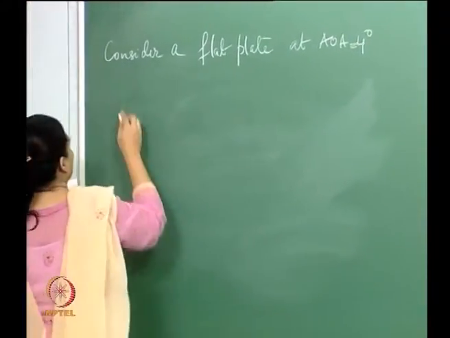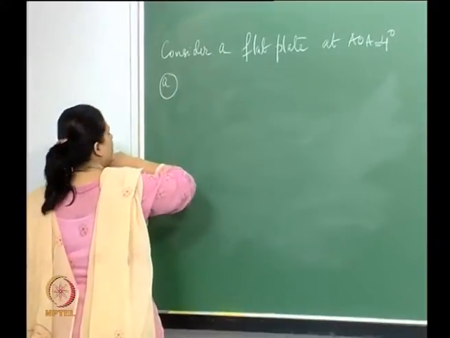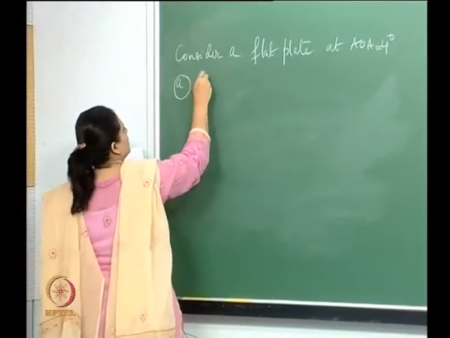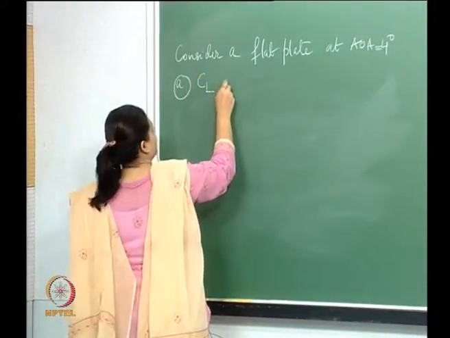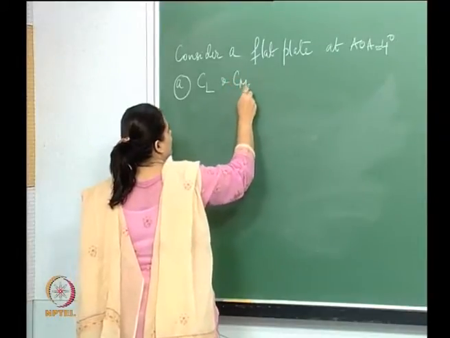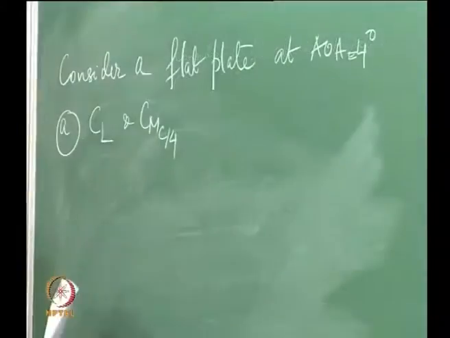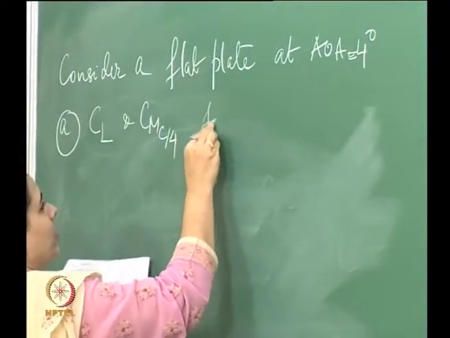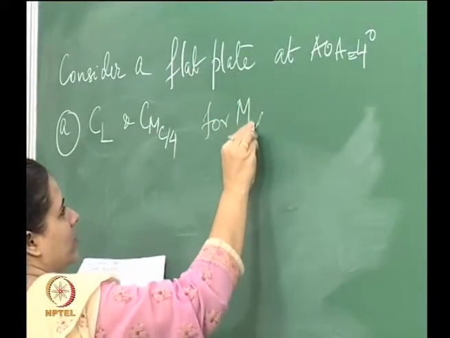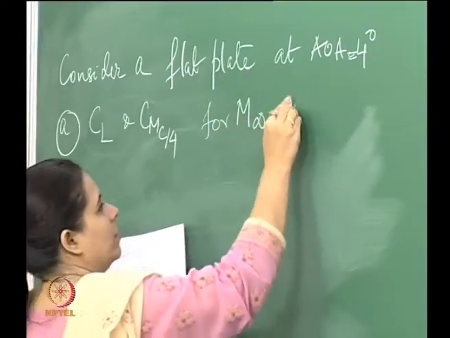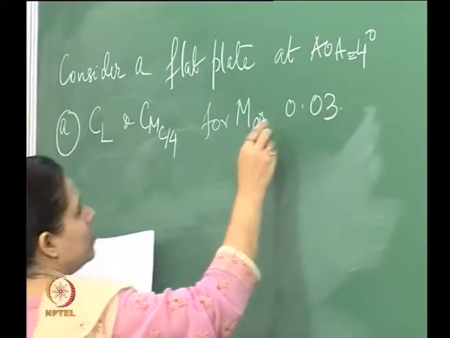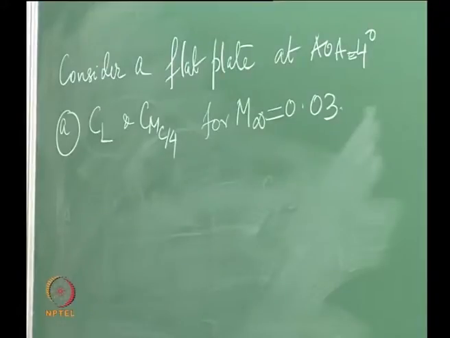Then the first job is to calculate the CL and the quarter chord coefficient of pitching moment for a free stream Mach of 0.03.